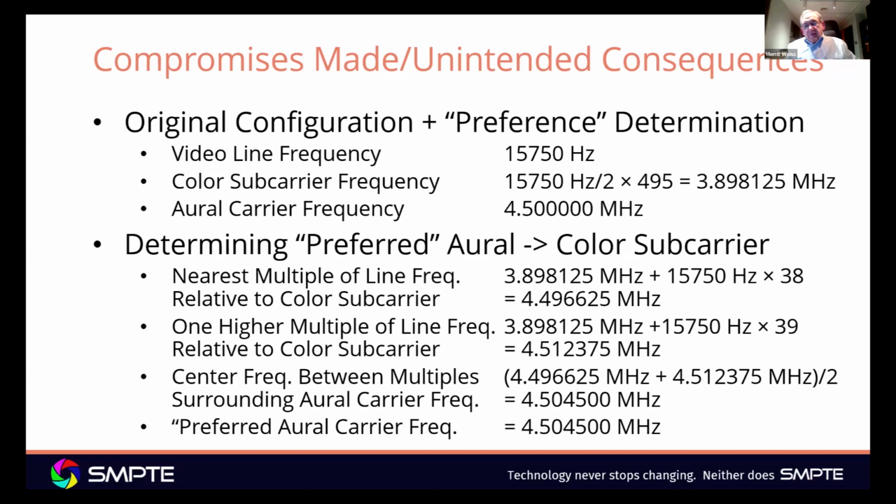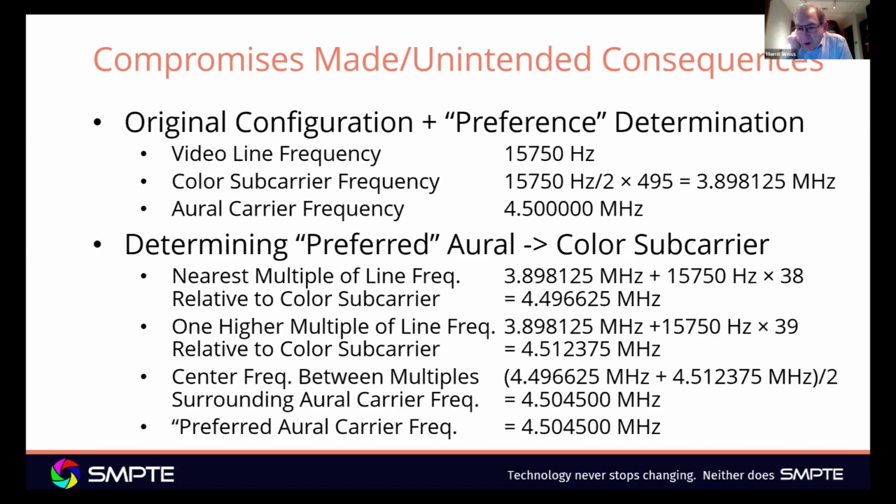So that was considered to be the preferred aural carrier frequency, and there were actually over-the-air tests done with that frequency in use from Channel 4 at the Empire State Building in New York in those days, and received down at what's now the Sarnoff lab in Princeton.